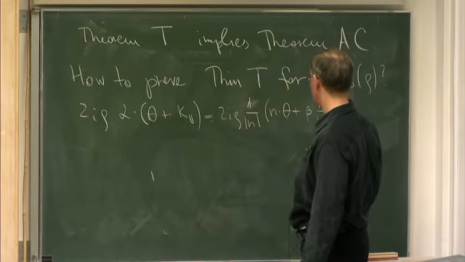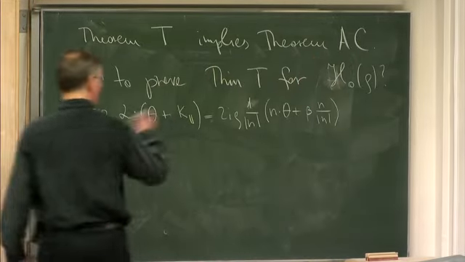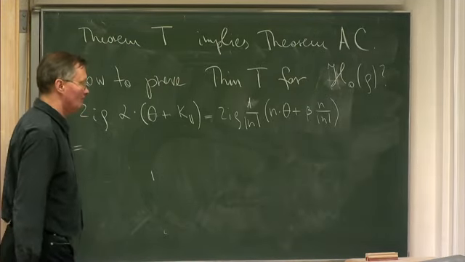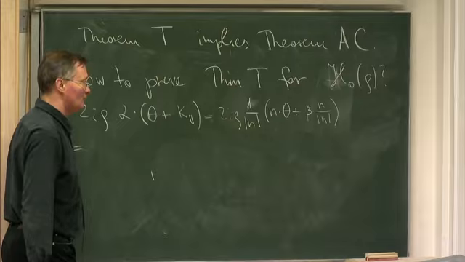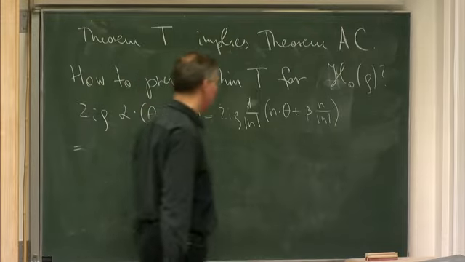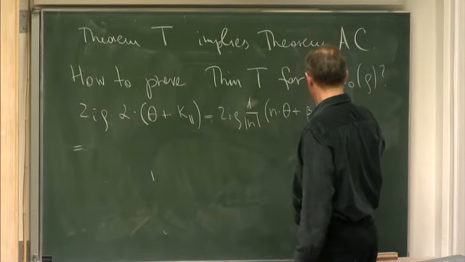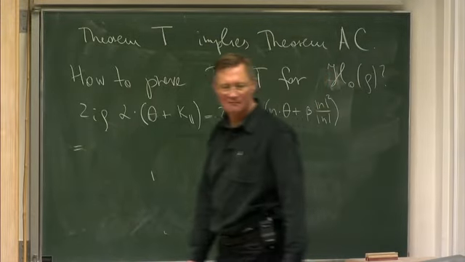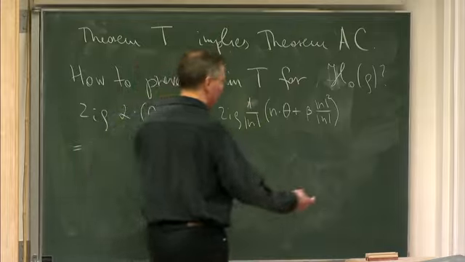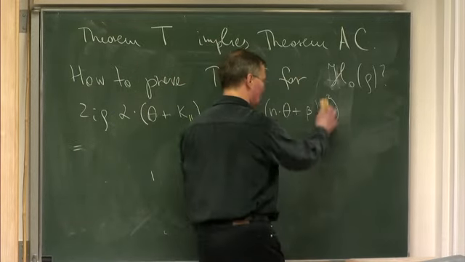Okay, doesn't move. Let's simplify this. So it's alpha dot psi. There's an extra n, that's right. That's correct. Okay, let me just simplify that.